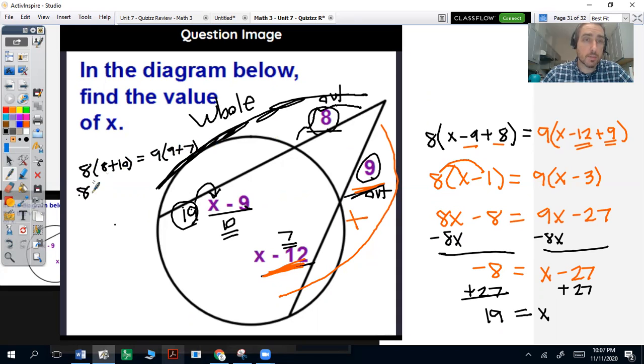And that's going to be 8 times 80 equals 9 times 16. Those should be equivalent. All right, so your answer is 19.